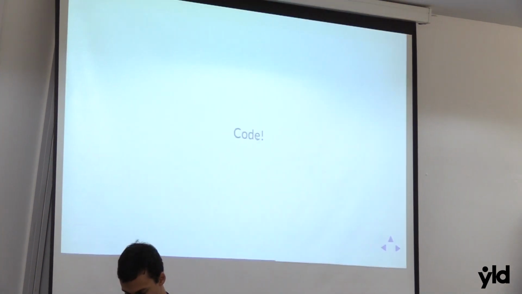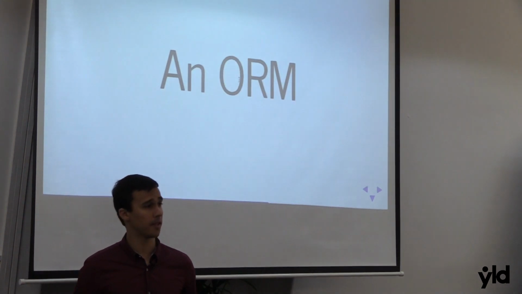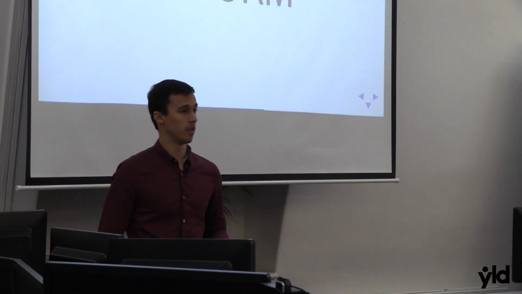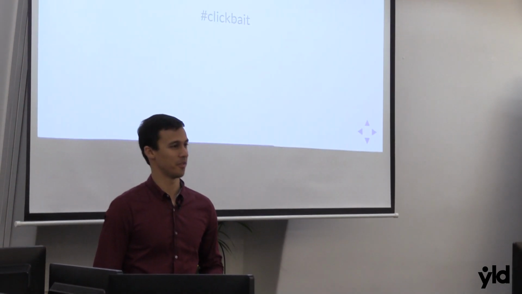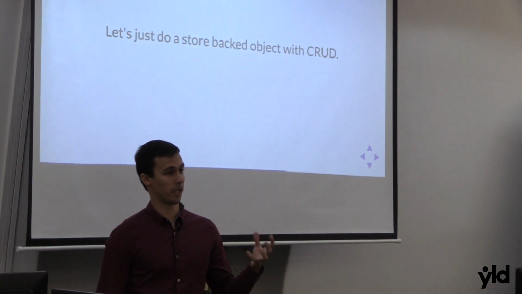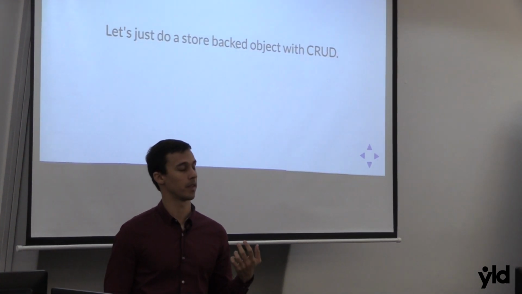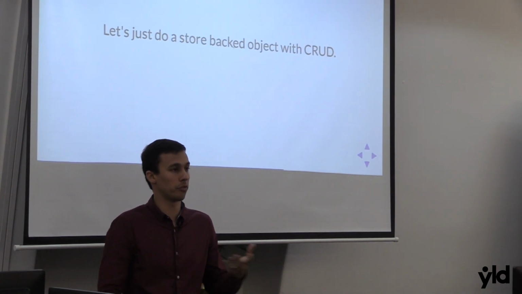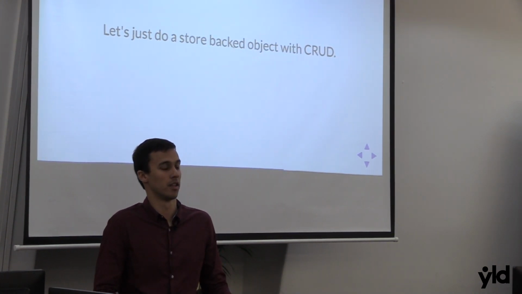Let's do more stuff. So another thing that we could do is an ORM. So ORM, of course not. I'm not going to implement a full ORM on this thing. I don't have the time. But we could do an object that we back by a store, a backend store, and support create, read, update, delete operations.